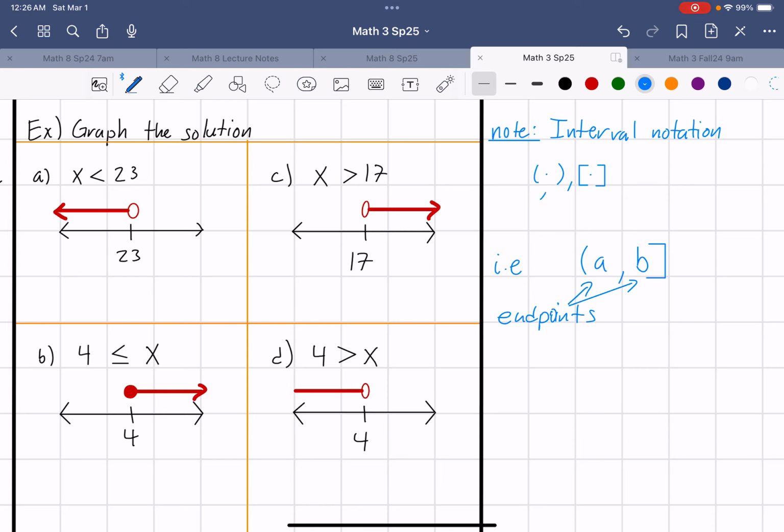When you see parentheses, that's similar to the idea of an open circle. And what does that mean? I usually just say that the parentheses means that it's not included. And when I say not included, I'm talking about the endpoint is not included. Versus brackets, that endpoint is included.